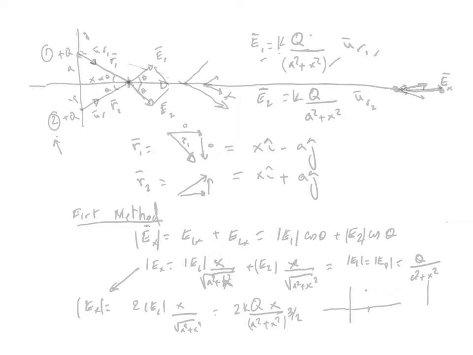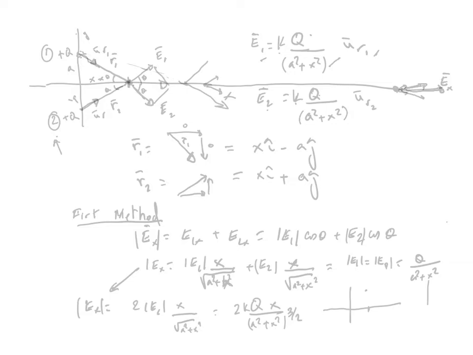With E2 the same thing happens. The electrical field produced by charge 2 on the point x is K times the charge Q divided by the distance squared, which is the same distance as this one.